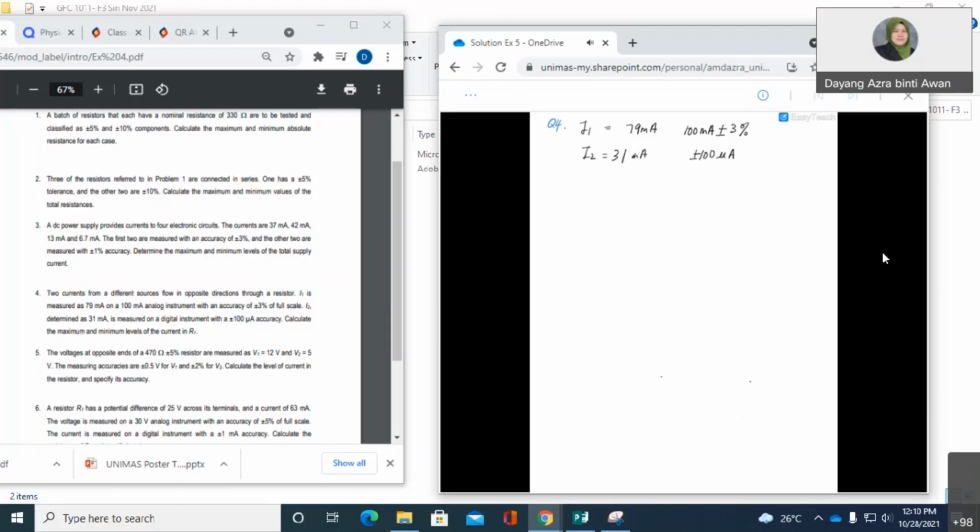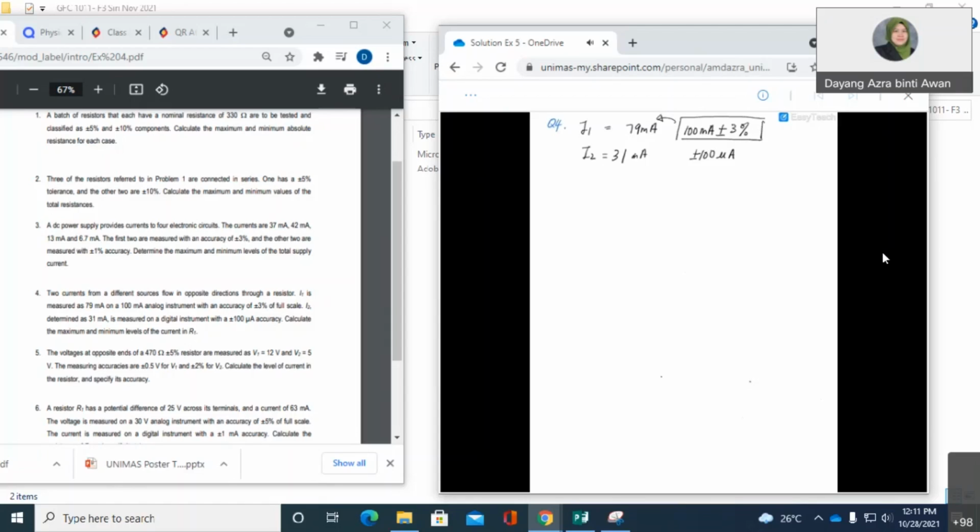From here you can see that only the analog instrument gives the accuracy value, so you need to know the accuracy of this current instead of the digital instrument. It is already given to you.